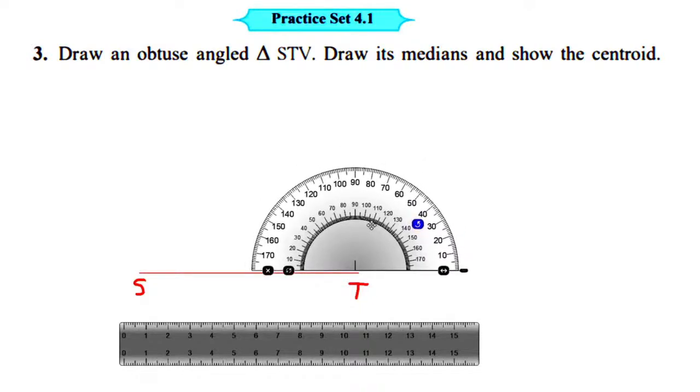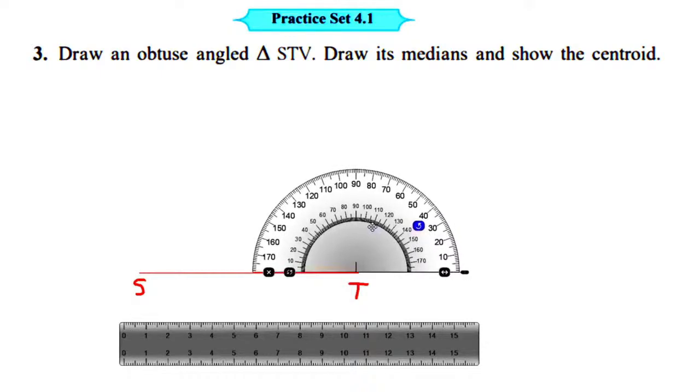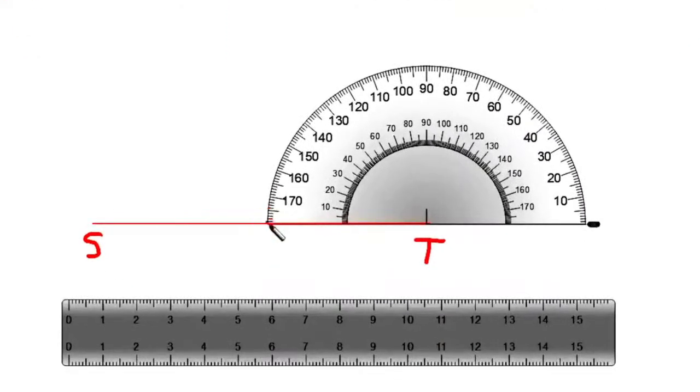Put the protractor on the segment ST in such a way that the line of reference is along the segment ST and the center of the protractor is on point T, as shown here. Measure the angle 120. Here is 0, 10, 20, 30, 40, 50, 60, 70, 80, 90, 100, 110 and 120. Take a point at 120.